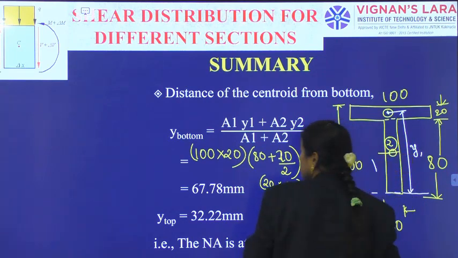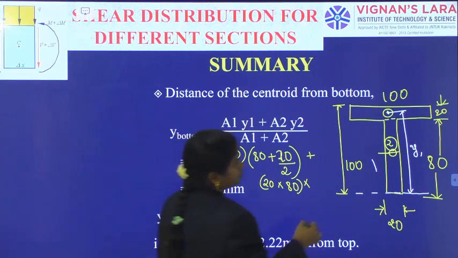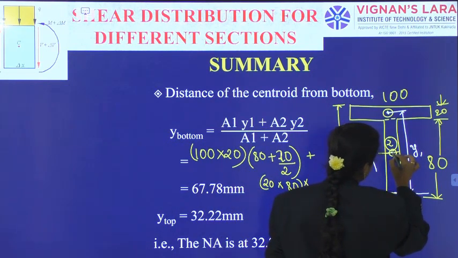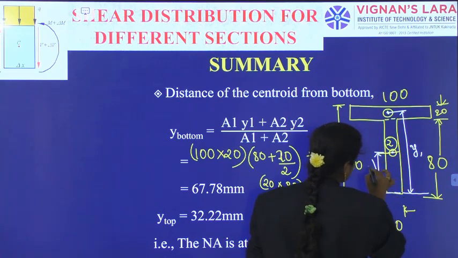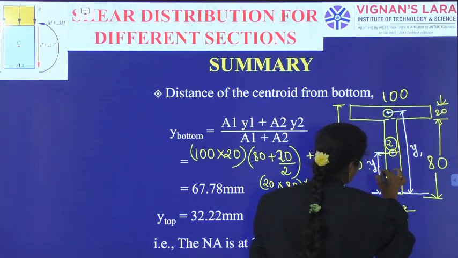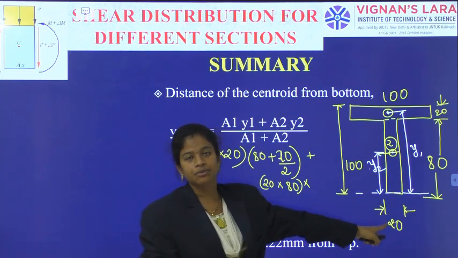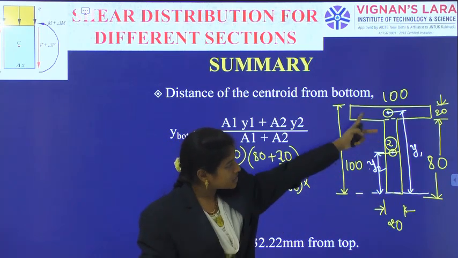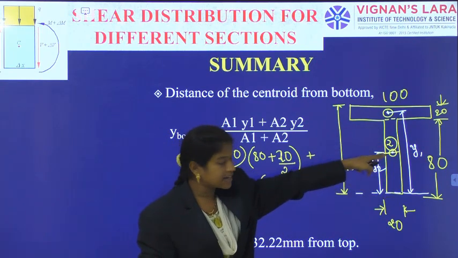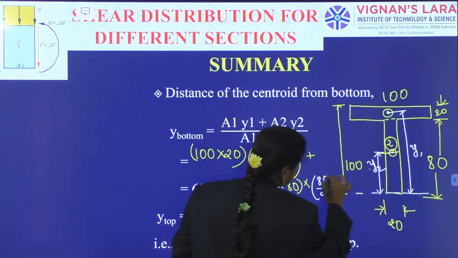The distance of centroid of the second segment from the bottom axis is y2. As it is a rectangle and it is connected, completely from 80 it is at the level of 40, which is 80 by 2.